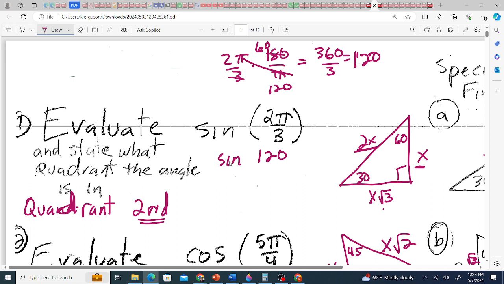The next thing is, now that I know the quadrant, I want to take the sine of this. Well, there's a couple things you could do. You could just look at this. What's the answer? What's the sine of 120?